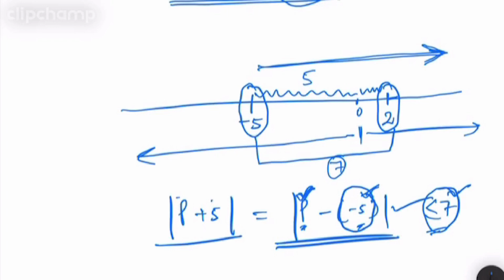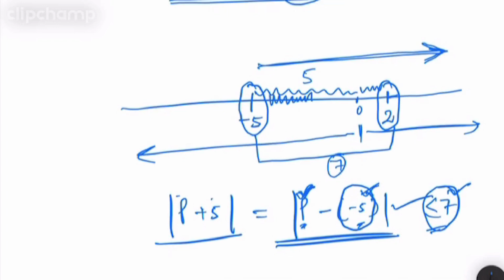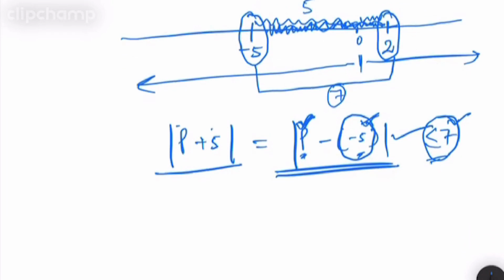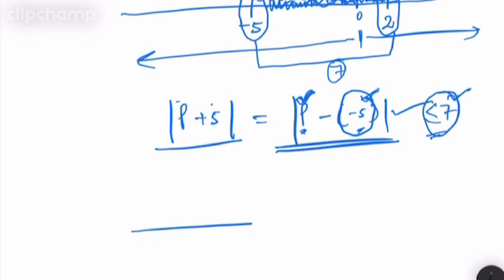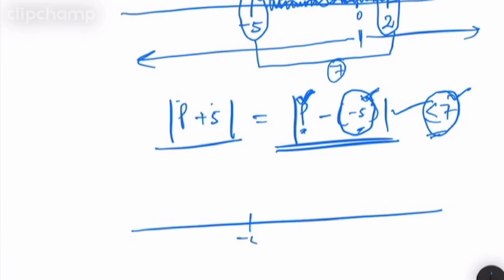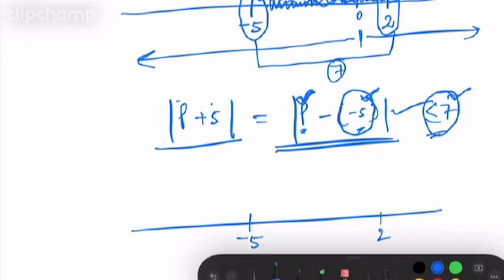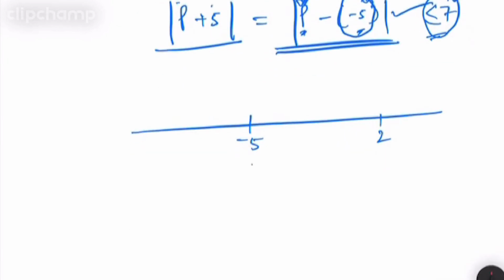So our p will fall anywhere in this zone. We will again draw this number line. Here it is minus 5, here it is 2, and the distance between these numbers is 7. So our p can fall between minus 5 to 2 anywhere.